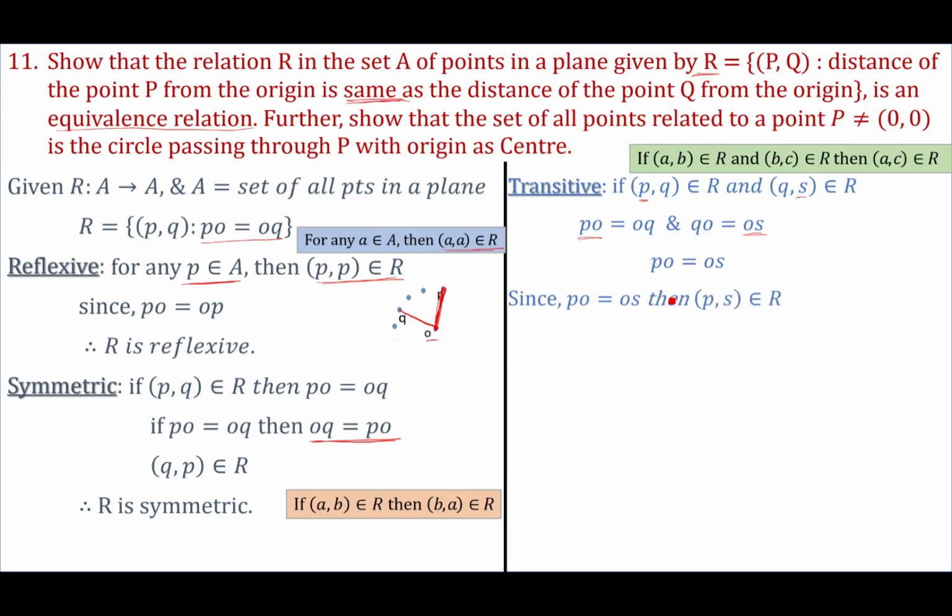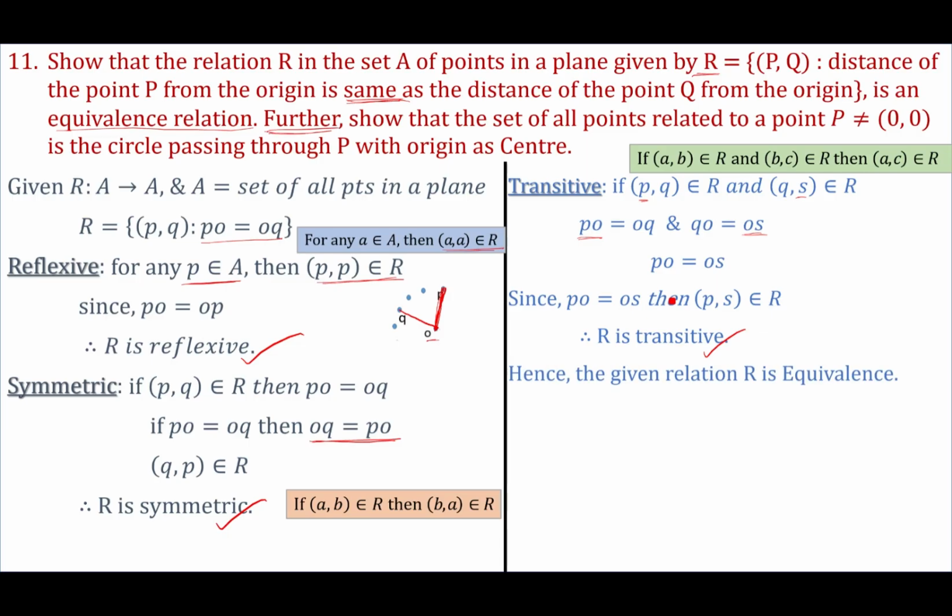Therefore, (P, S) belongs to R. That means the given relation is transitive. Now, we have proved that the given relation is reflexive, symmetric, and transitive, which means the given relation is an equivalence relation.